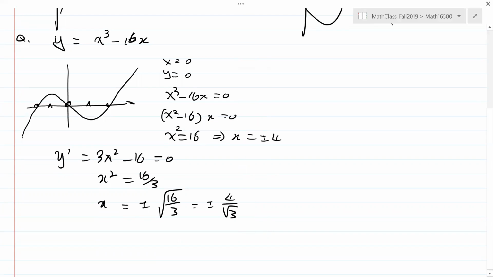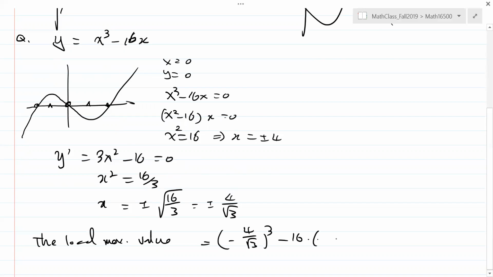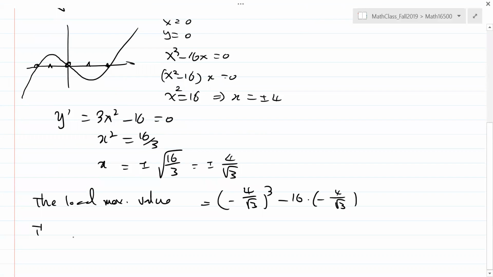So what is the maximum value of the function? The local maximum value is going to be the value of the function when x is negative 4 over square root of 3. Okay, you can simplify this. And then the local minimum value is going to be the value of the function at this point.